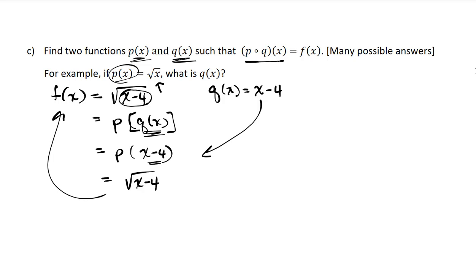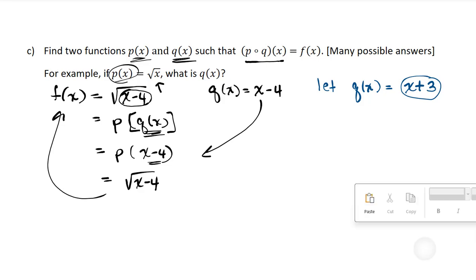Another possible solution is to start with an expression that defines the inside function of this composition function. So we can say, let q of x be an expression, let's just say x plus 3. Then plugging this into the outer function needs to result in the square root of x minus 4.